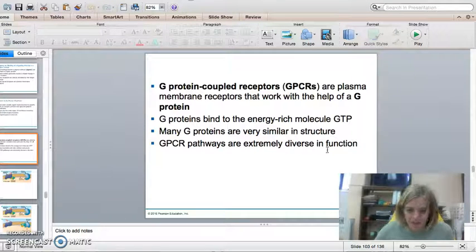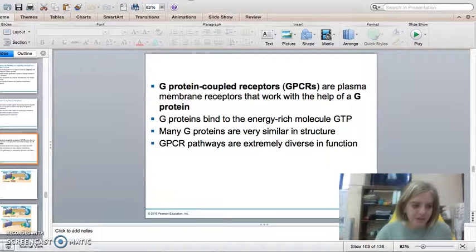The G protein essentially binds to GTP, which, if you recall, is a similar molecule to ATP, just used for different functions. And then the GTP molecule will bind to an enzyme. There are many, many different types of G protein and GPCR pathways that cause a lot of different responses. They have very diverse functions.